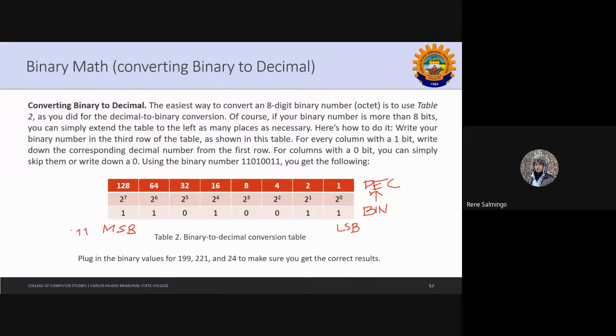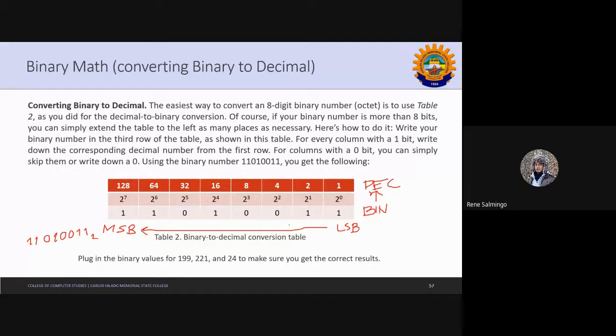So 1, 1, 0, 0. This is from here. Okay, this one has a decimal point, where we put the, and we have this 1, 0, and 1.